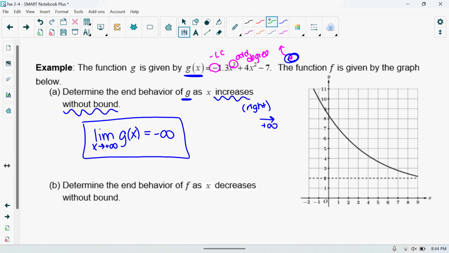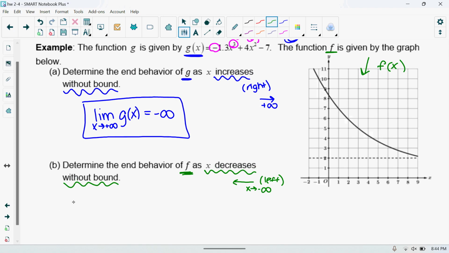Part B, determine the end behavior of f. So f is this graph, as x decreases without bound. So x decreasing without bound is going to the left. So I am approaching negative infinity.